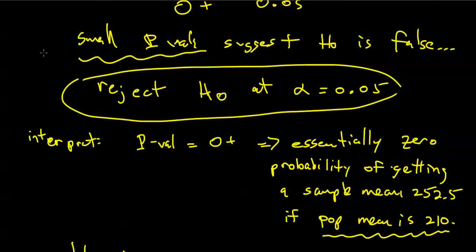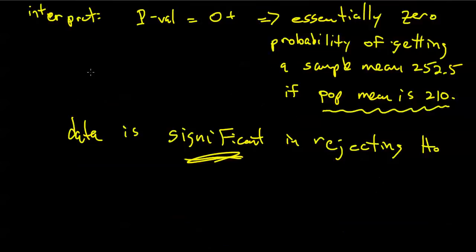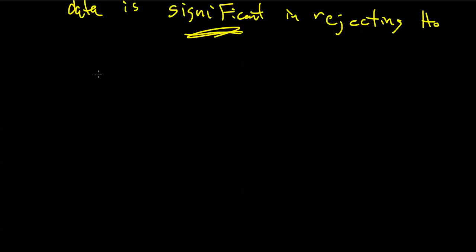Remember, your answer in a hypothesis test is always either to reject or fail to reject H0. Alright, so that's a right-tailed z-test. And let's check out another one.